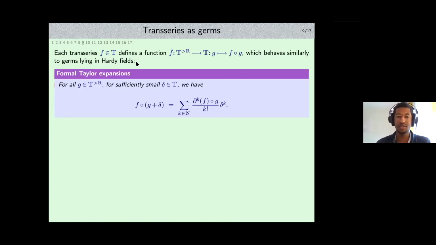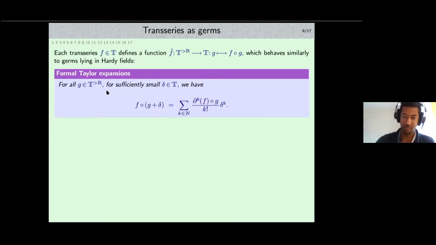So for instance, if you fix a series G, then for sufficiently small delta, so for instance, if you take an infinitesimal that is very small, then you can obtain f around G, so close to G, by just doing Taylor approximations. But here, what is nice in a way is that you have a real equality.